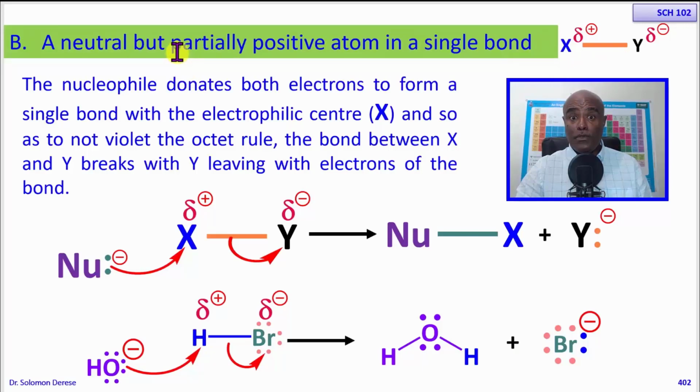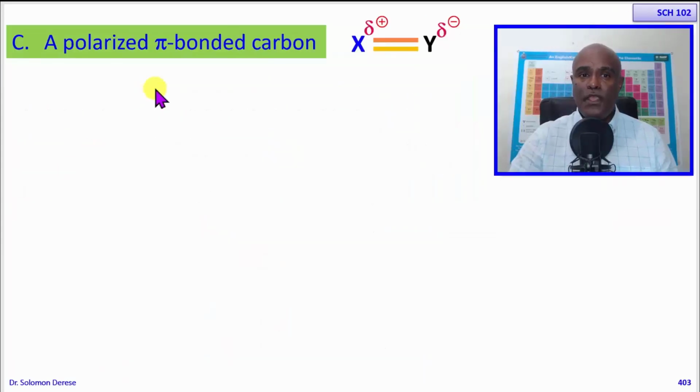The other partial positive possibility is to have a neutral, partially positive atom that is bonded through a double bond, not a single bond. So this is the next scenario, when you have a polarized pi bonded carbon or pi bonded electrophilic atom. So a situation like this.